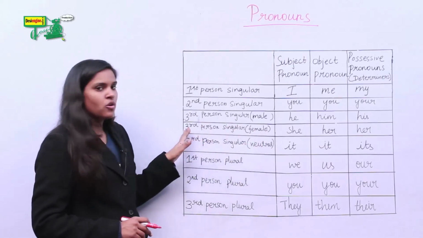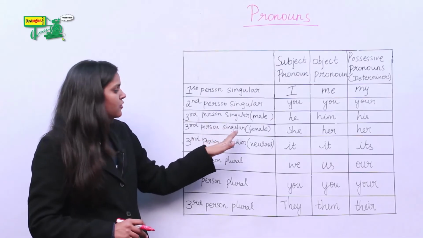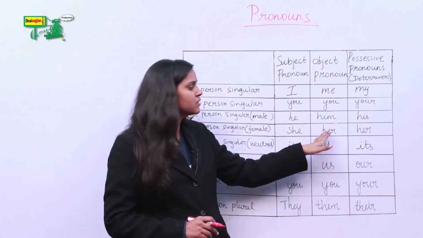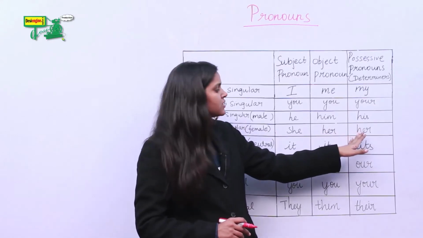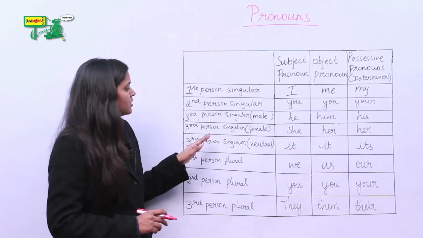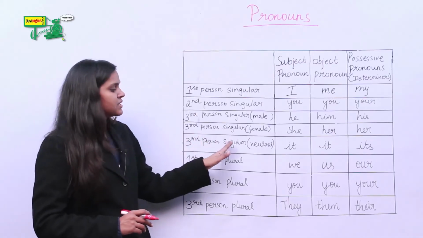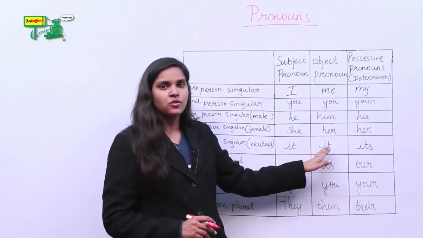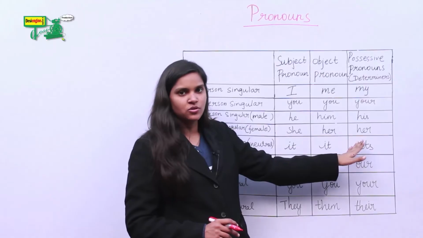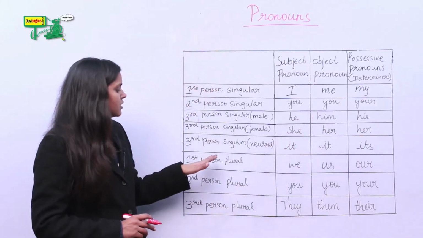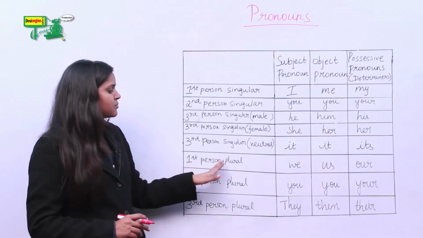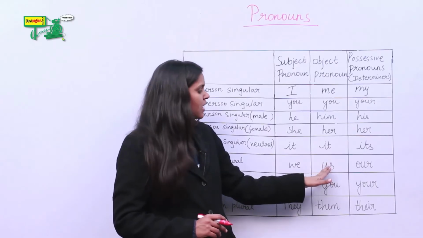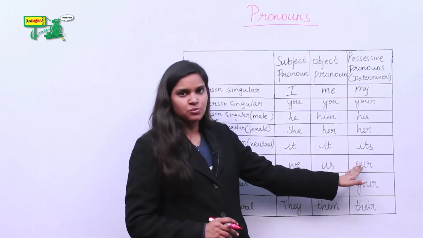The subject pronoun of third person singular female is she, the object pronoun is her and the possessive pronoun is her. The subject pronoun of third person singular neutral is it, object pronoun is it and possessive pronoun is its. The subject pronoun of first person plural is we, object pronoun is us, possessive pronoun is our.